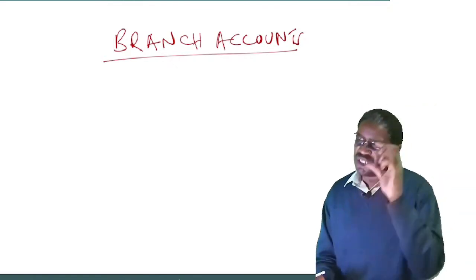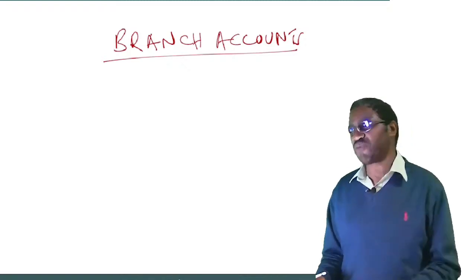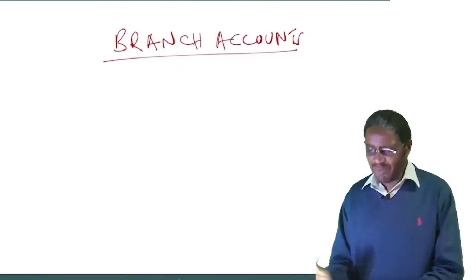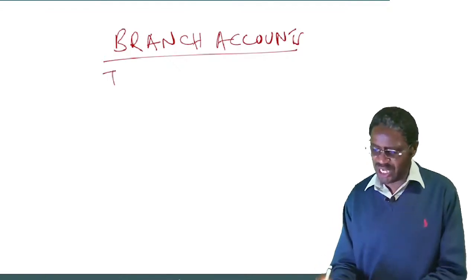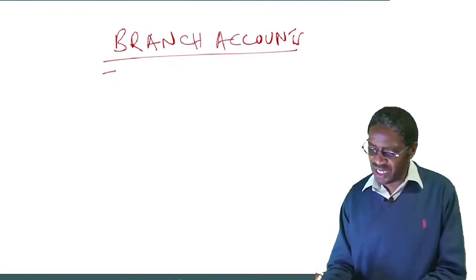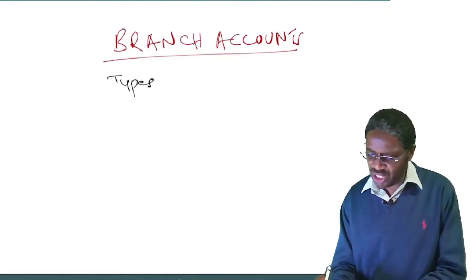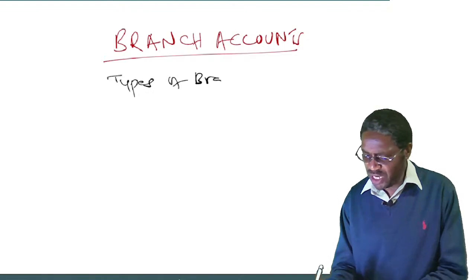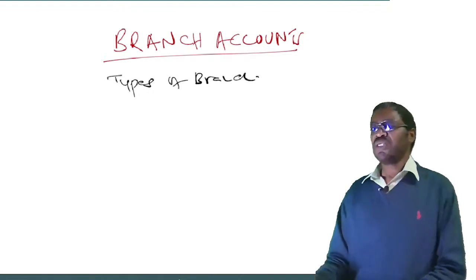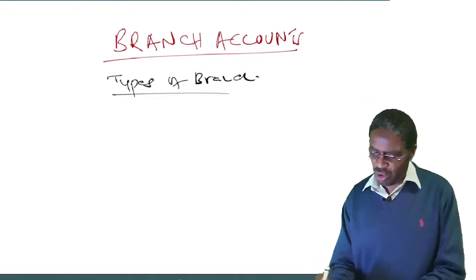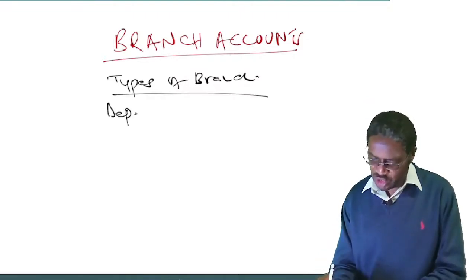As a company, you may have different types of branch. One type of branch that you may have is what we call a dependent branch.